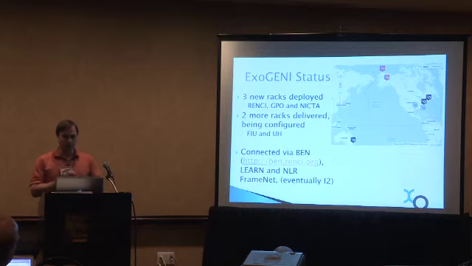Today we have 3 racks deployed, one at RENCI in North Carolina, one at GPO in Massachusetts, and one at NICTA, down under. 2 racks have been delivered and are being prepped, one here in Houston and the other at Florida International University. And the racks use different layer 2 fabrics in order to be connected together into a kind of connected whole.